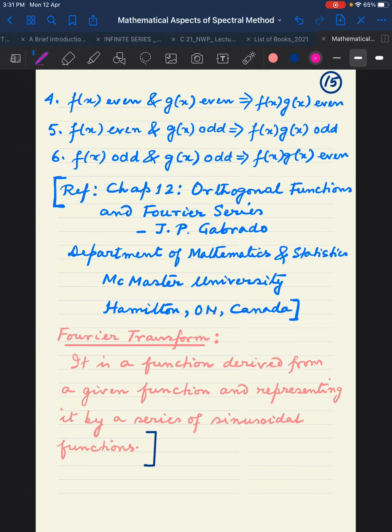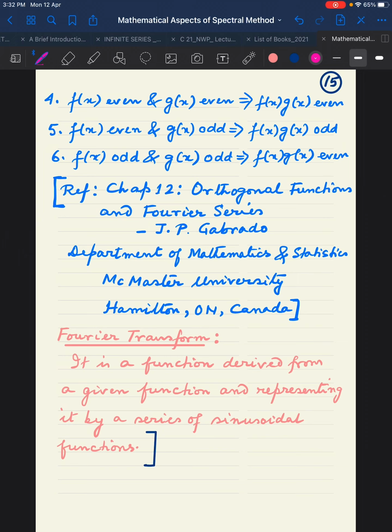And finally, on the last page, property 4. Please remember, if you take the product of two functions and both are even functions individually, then their product is also even. A very important result to be applied.